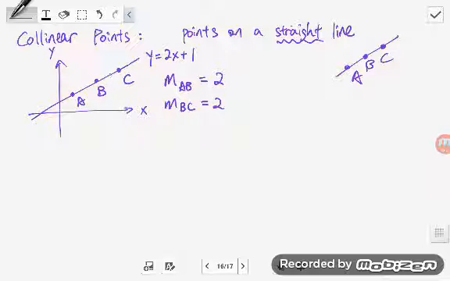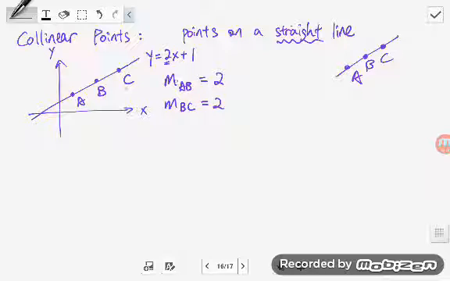This part would have the same slope as that part, because any point on y is equal to 2x plus 1 will have a slope of 2. That is one of the characteristics of collinear points.